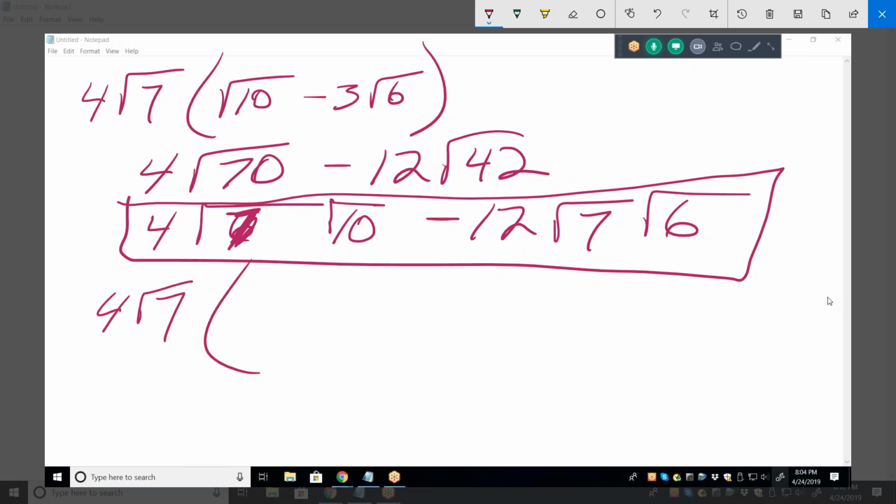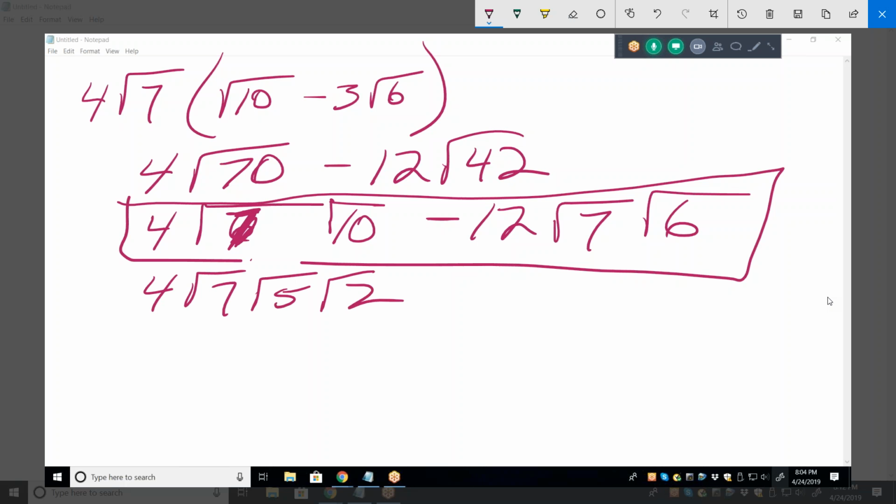What's that leave behind? It just gets us back to the beginning. That doesn't do anything. So the question is what do they want you to do here? If I break it down all the way, there's the 3 prime factors.